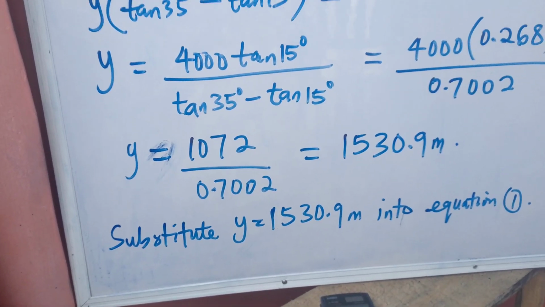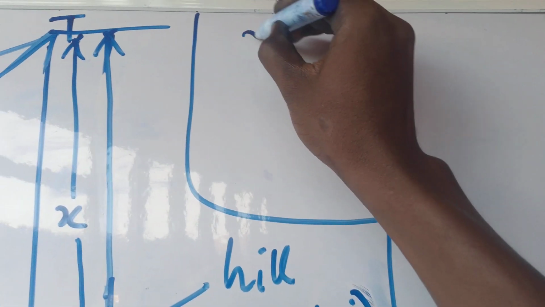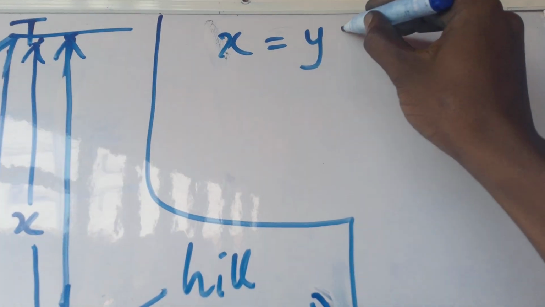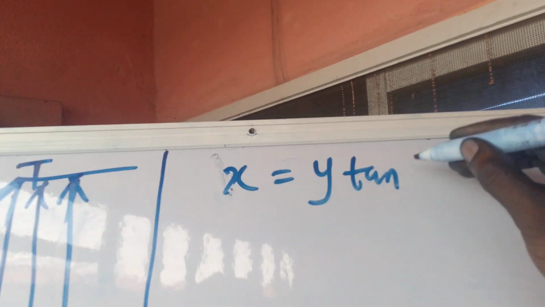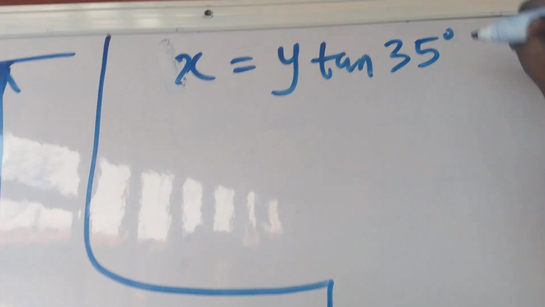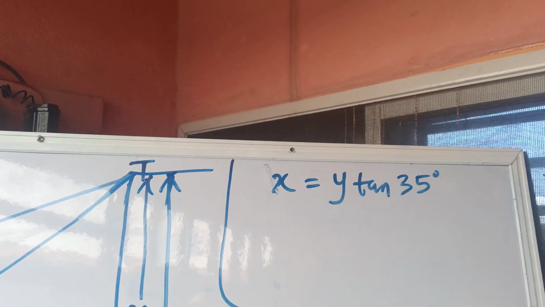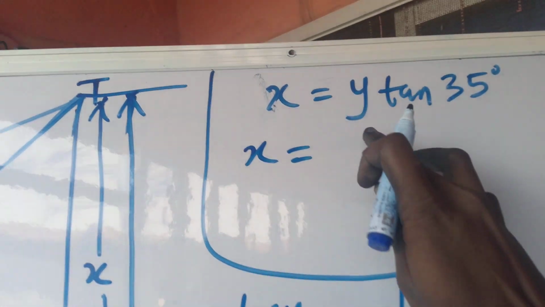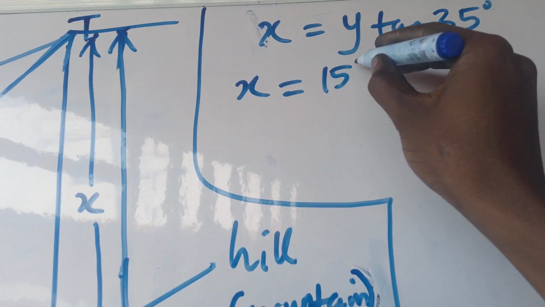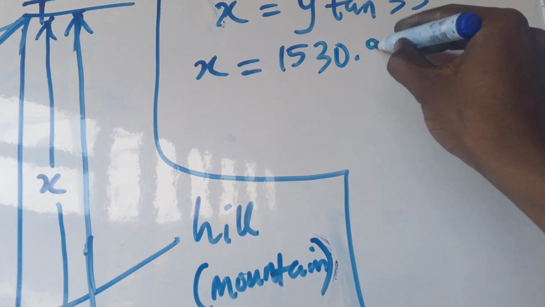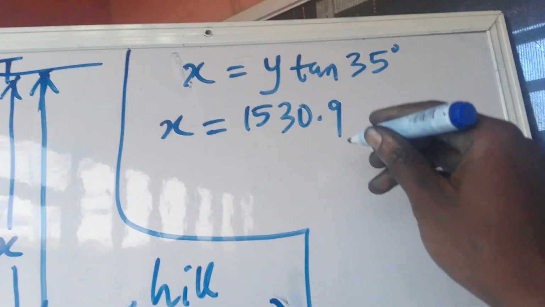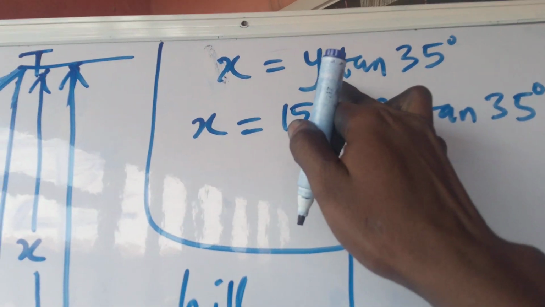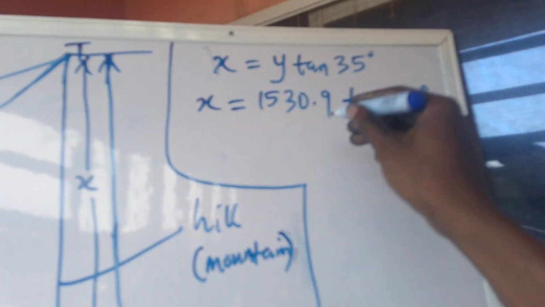If I substitute into equation 1, I'll be having x equals y tan 35 degrees. That's equation 1. So in place of y, I will write 1530.9. In place of this y, I write this 1530.9. That's the meaning of substitution.